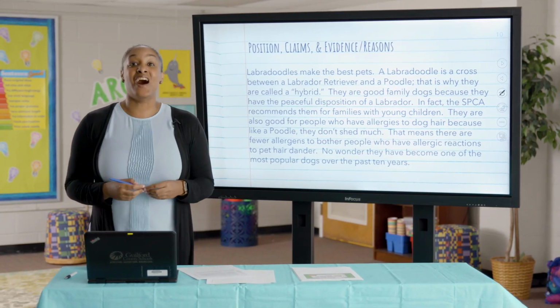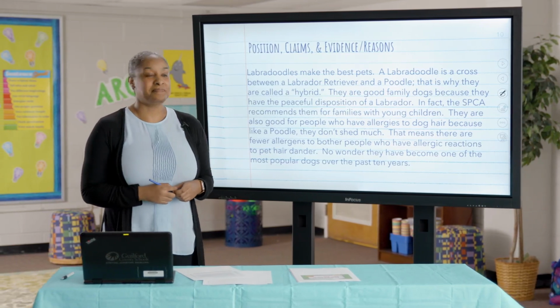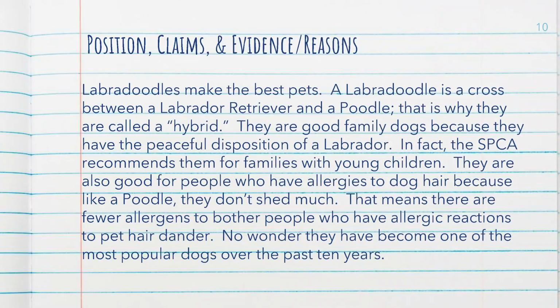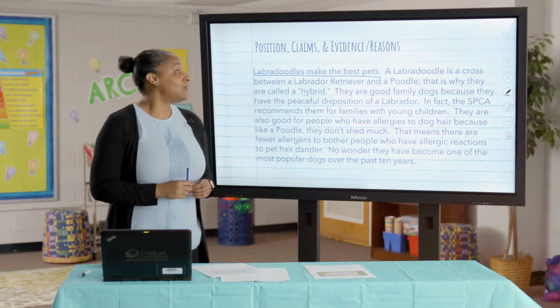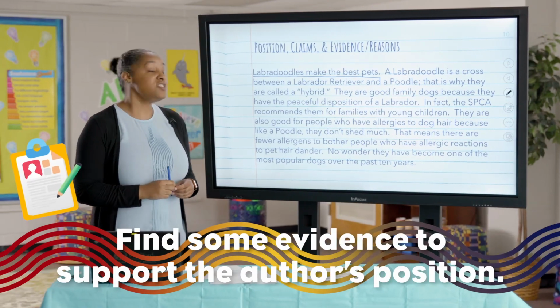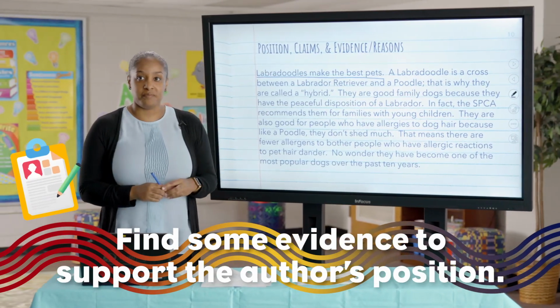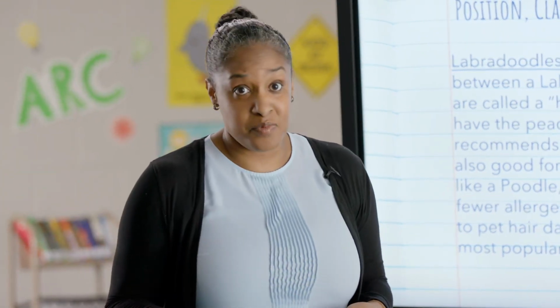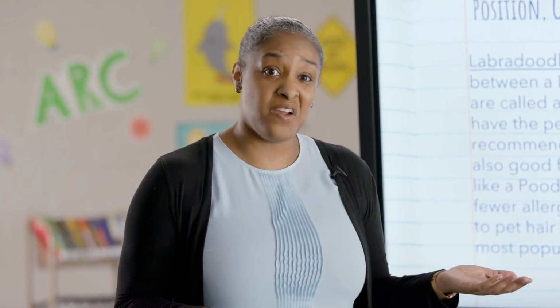Now let's underline the author's position here. Perfect. Labradoodles make the best pets. Now I want you to find some evidence to support the author's position. Now, if you're like me, sometimes it's easier to find the verifiable evidence first versus the non-verifiable.